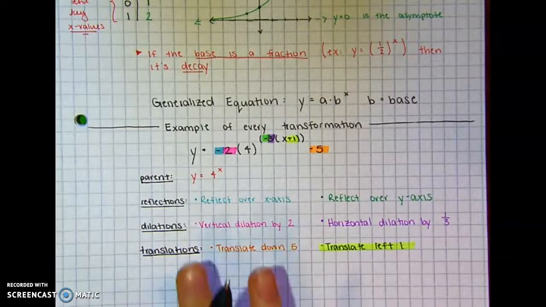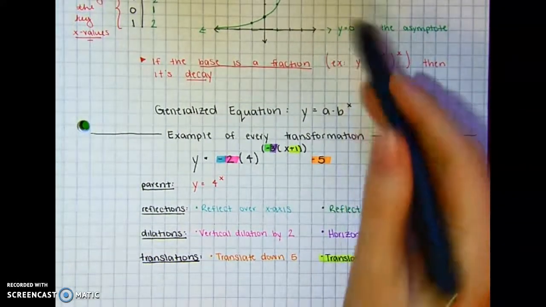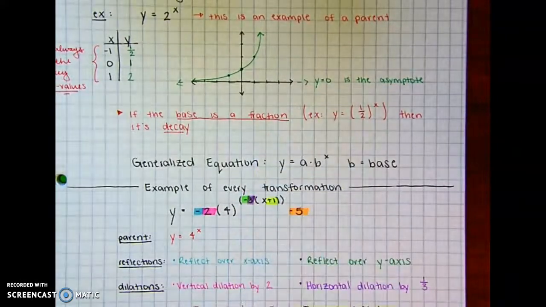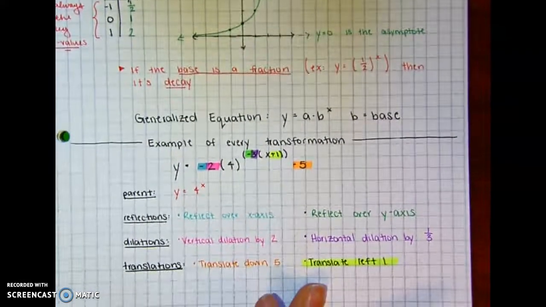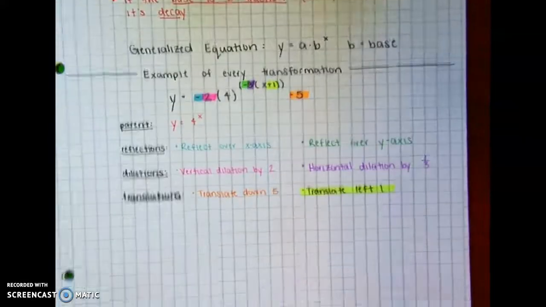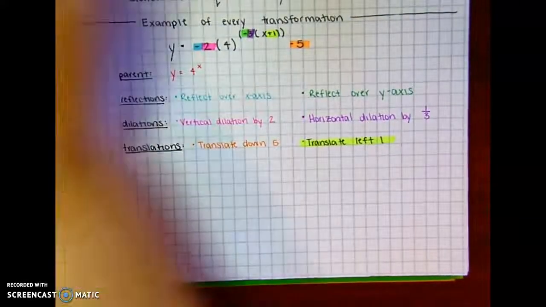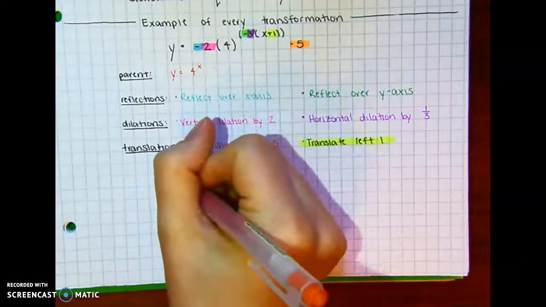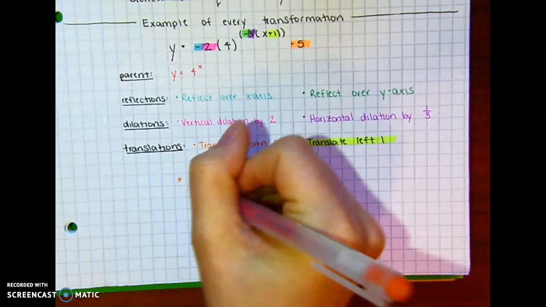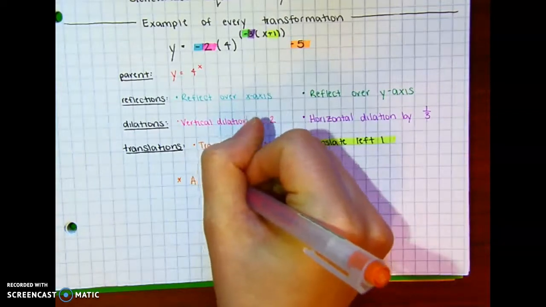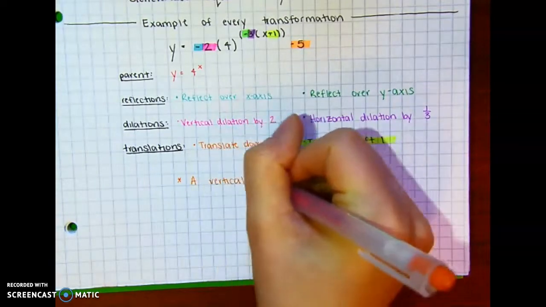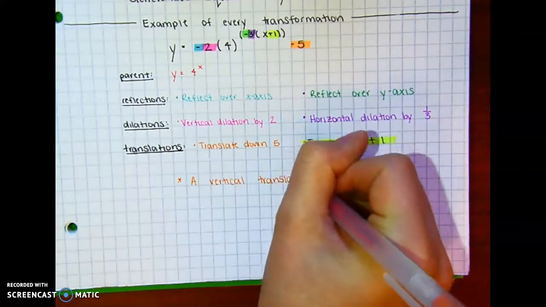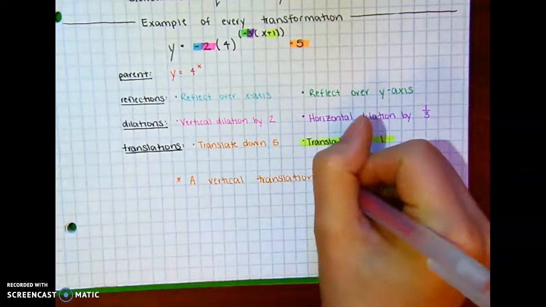Now, remember with our parent function, we had an asymptote. We have a horizontal asymptote at y equals 0. So what is going to affect the horizontal asymptote? Hopefully you have an idea, but it's going to be a vertical translation. So a vertical translation will change your asymptote.